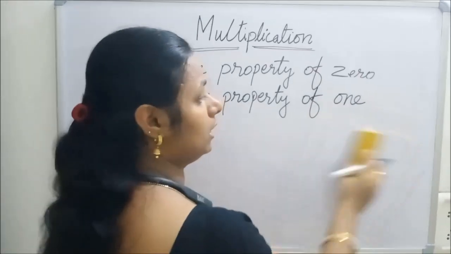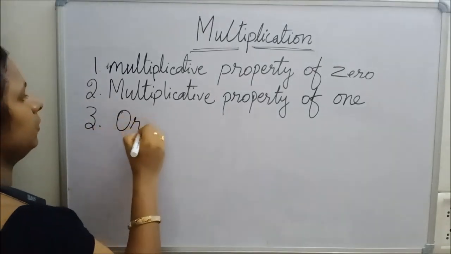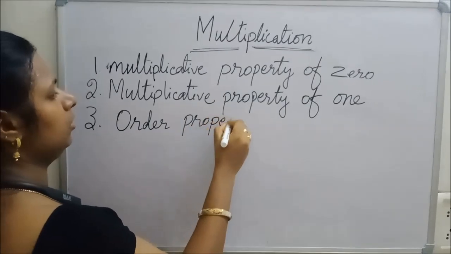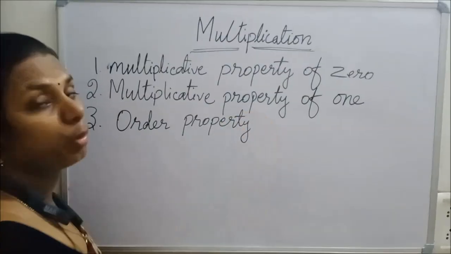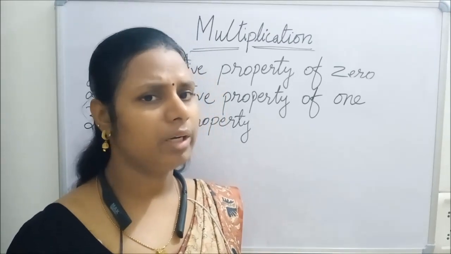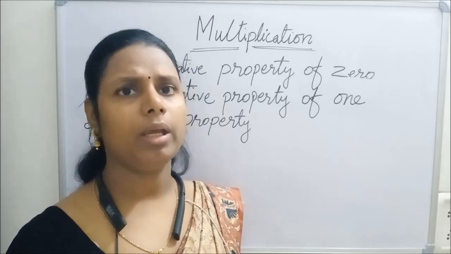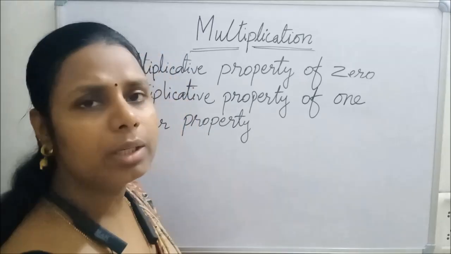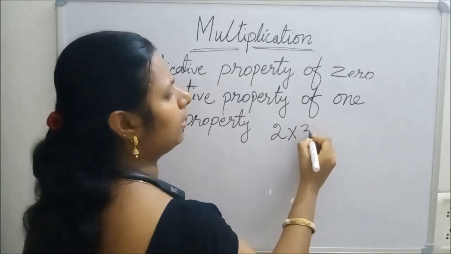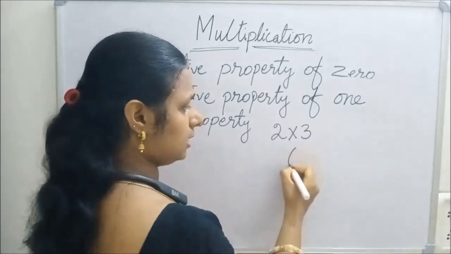Now, the third one is order property. Order property of multiplication. Whenever you multiply, minimum you may have 2 numbers. You may have 2 or more numbers. For example, let me take 2 multiplied by 3. 2 3s are 6.